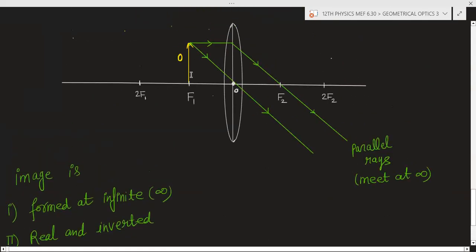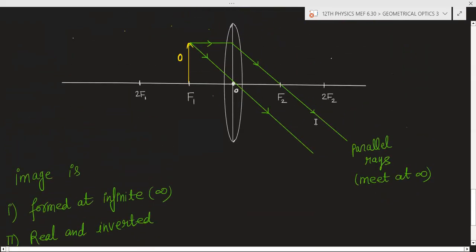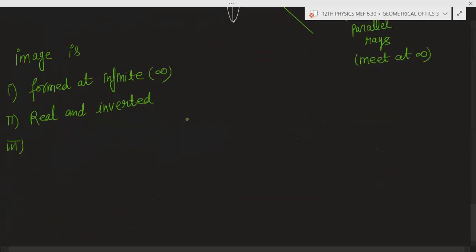Very large than the object. The size of the image is much larger than the object, so highly magnified, or you can say very large compared to the object.